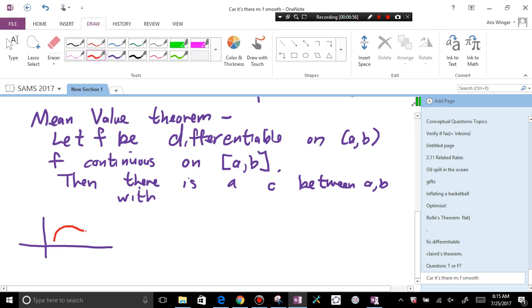So here's A, here's B, here's f of A, here's f of B, secant line. Looks like there are a bunch of C's for this one. I just need one. Looks like it's here maybe.